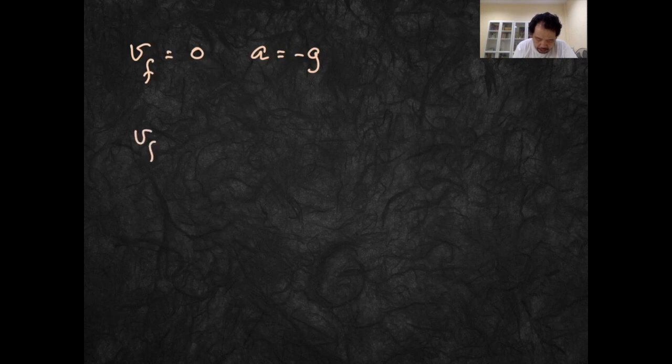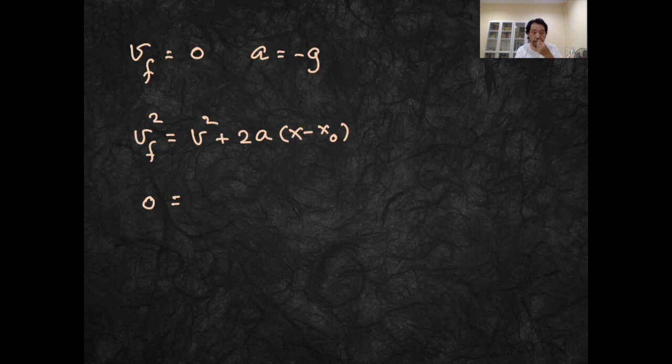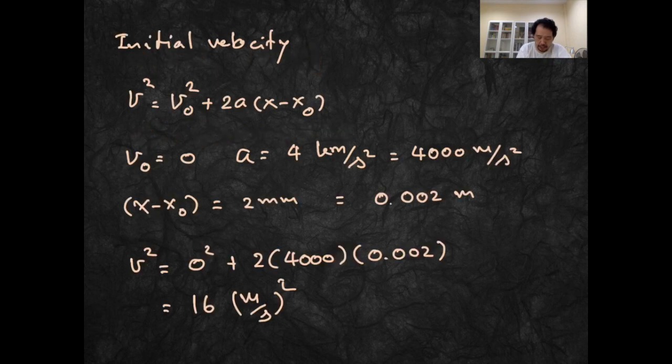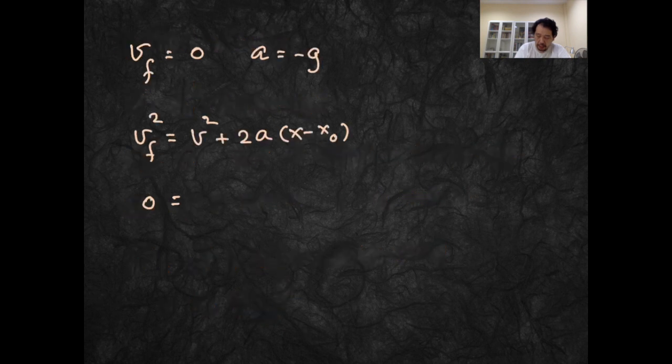Again, we use this relation: vf squared equals v squared plus 2a(x minus x0). We know that vf is 0 at the maximum height, and v squared is what we just calculated, 16, which equals 2 times minus g, which is minus 9.8 meters per second squared.